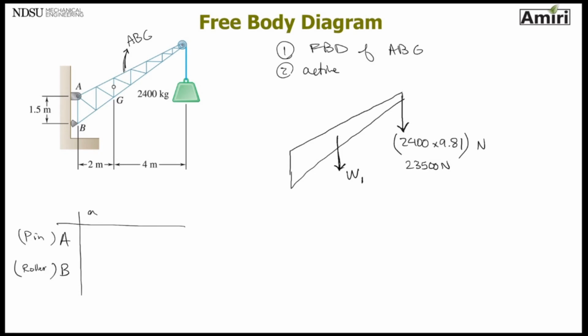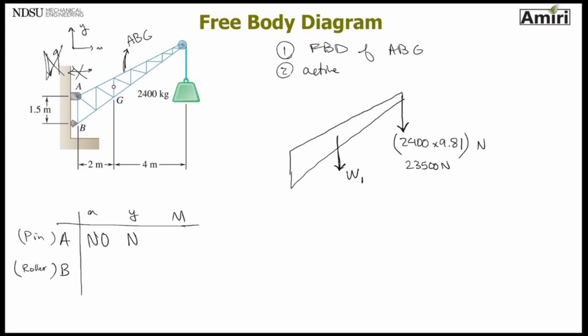I'm going to make my table X, Y, and moment. So let's look at each of them. Let's look at point A. Excuse me. X and Y. Sorry, it's a pin. Does it move in X direction? Does it go left or right? Nope. There's a no. Does it go up and down?